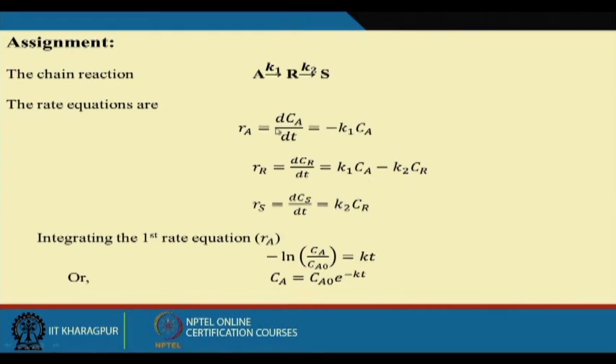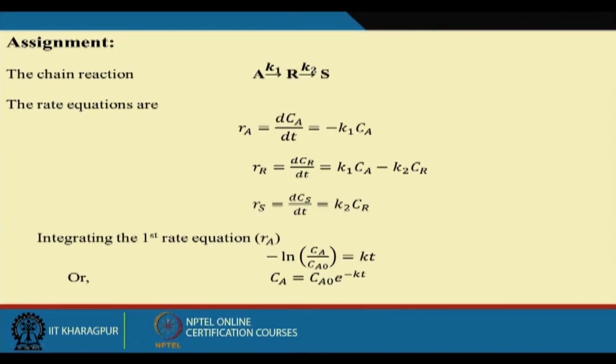Now we know the rate equation. This is RA equal to dCA by dt, minus K1 into Ca, and RR equal to this, rate of forward reaction and rate of backward reaction, and R is equal to K2 into Cr, that we have seen in the last class.